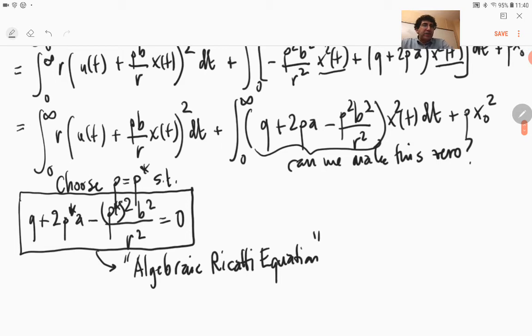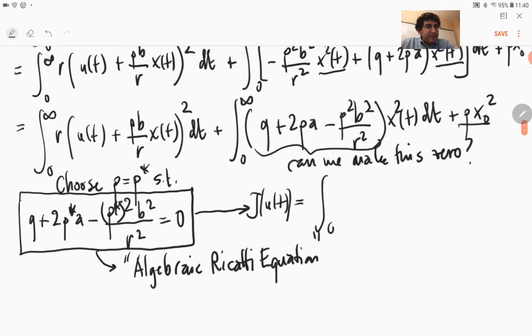So if we do this, it makes the second term vanish. The cost function J of u of t in that case becomes only the first term plus the constant term at the end.